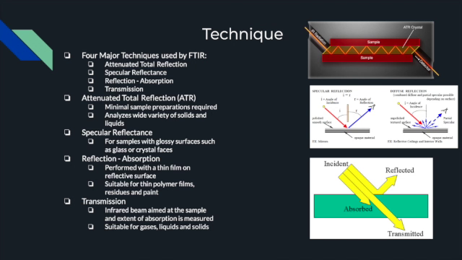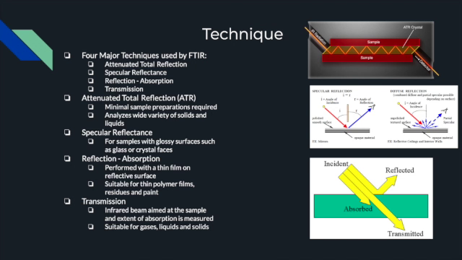Attenuated total reflection is used to analyze a variety of solids and liquids, and it requires very minimal sample preparation. Specular reflectance, on the other hand, is used for samples that have glossy surfaces, such as glass or crystal surfaces.